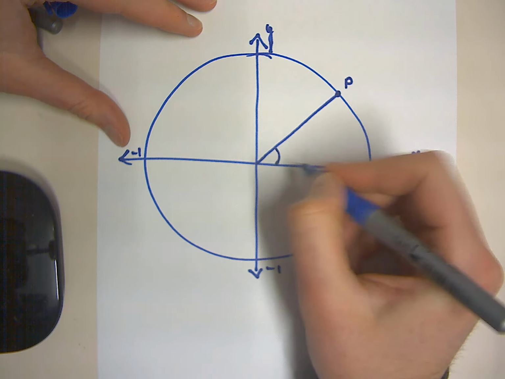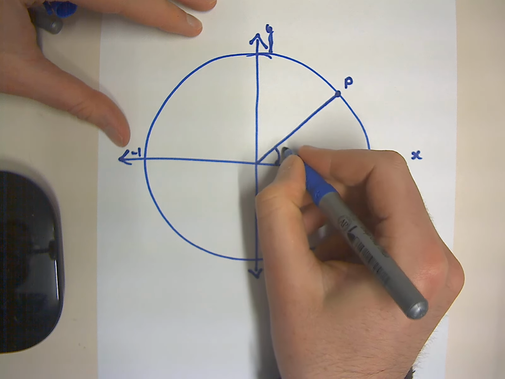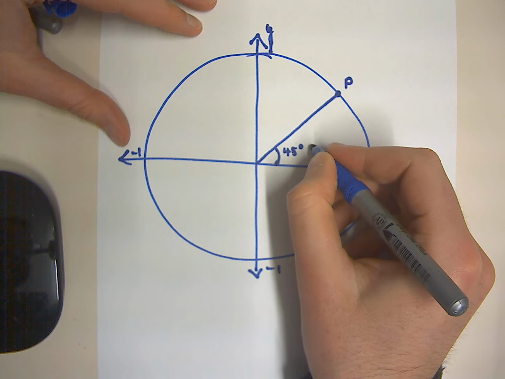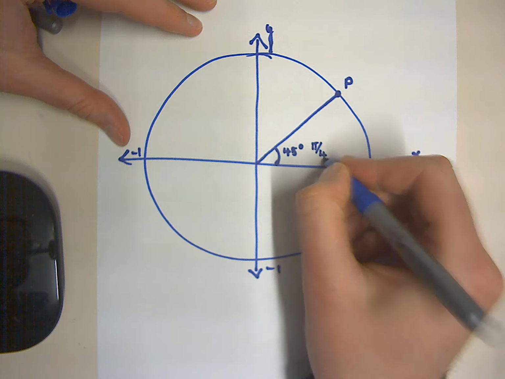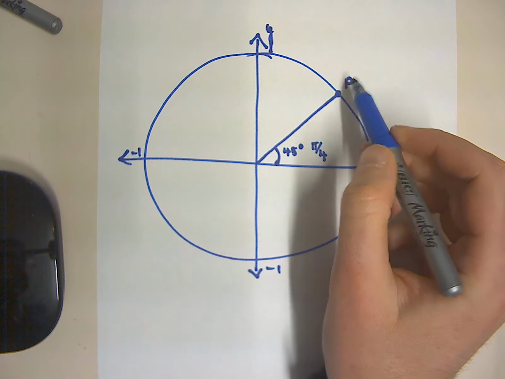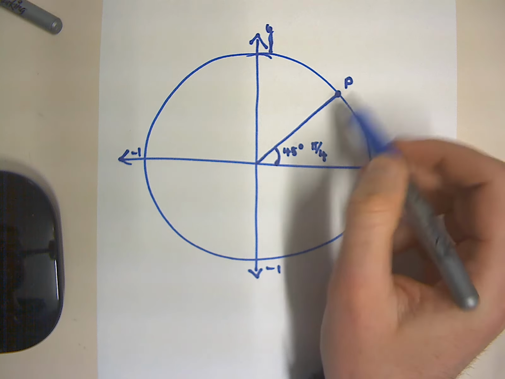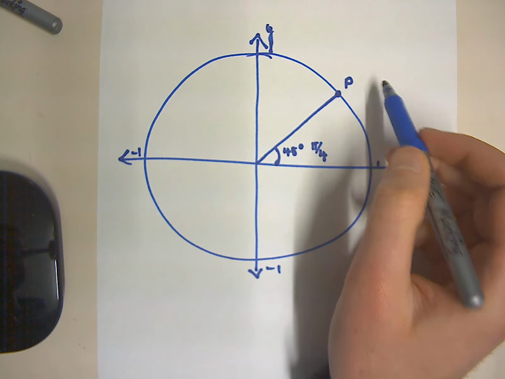And for this angle in here, which let's say it's 45 degrees, which in radians is pi on 4, then the x-coordinate of this point is cos 45 and the y-coordinate is sine 45.